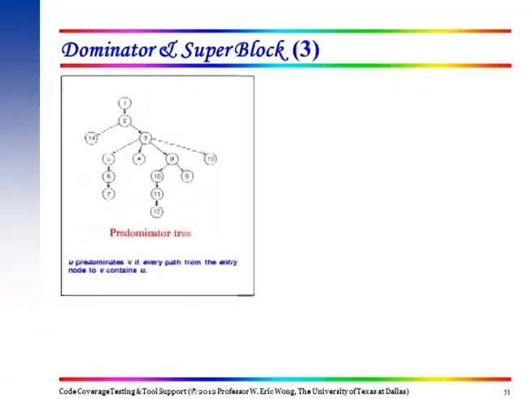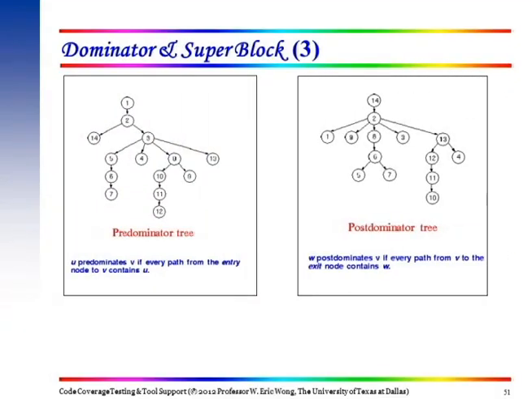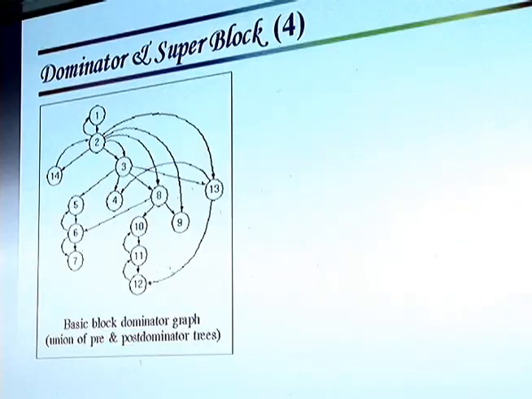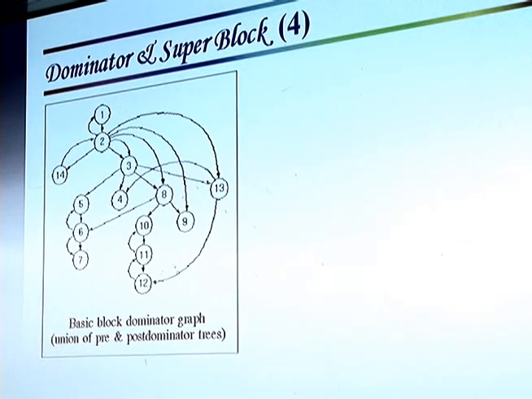So you have the predominant tree and the post-dominant tree, and you are going to put them together. But then you notice what? I don't need so many extra edges.